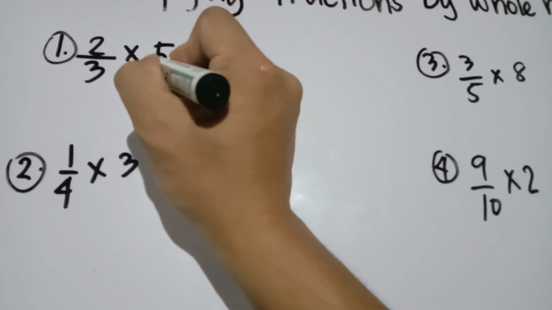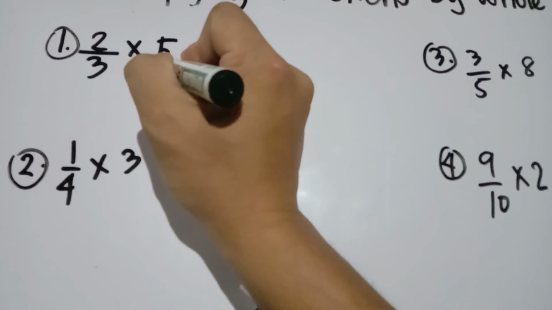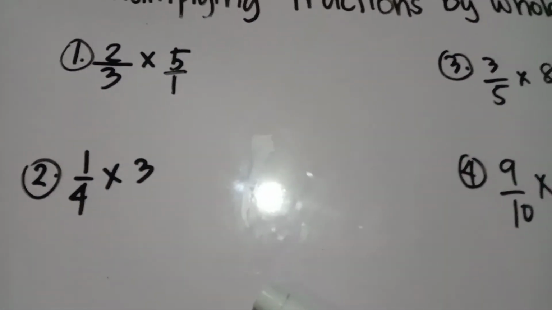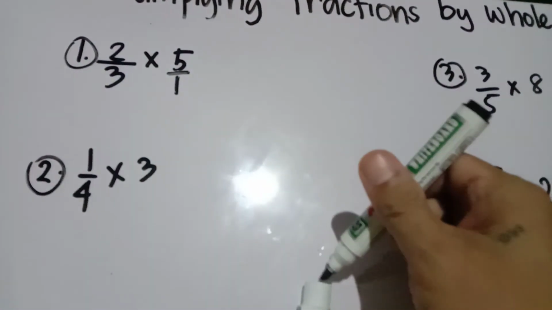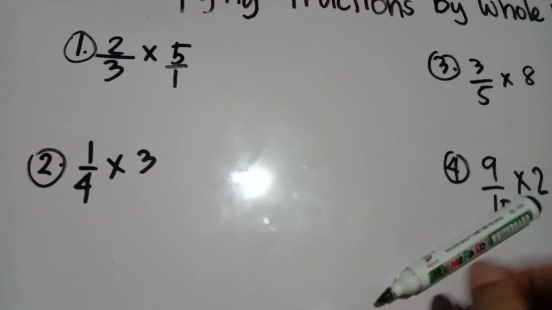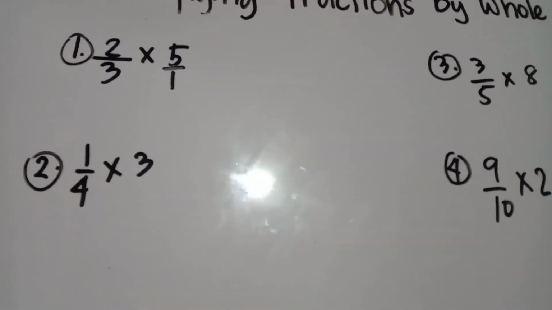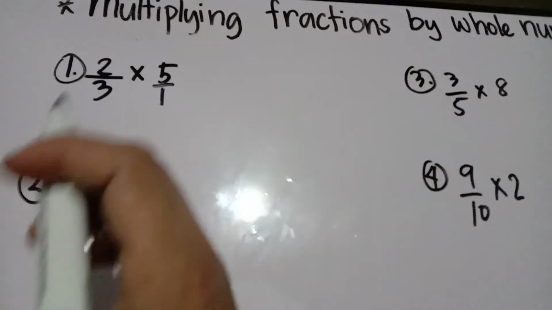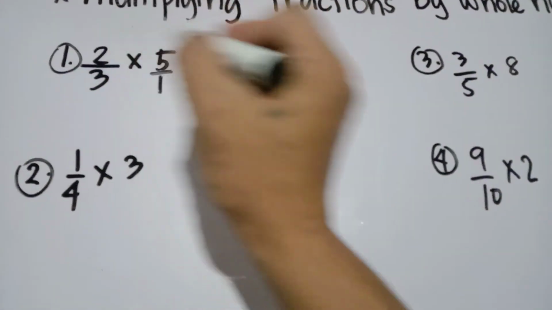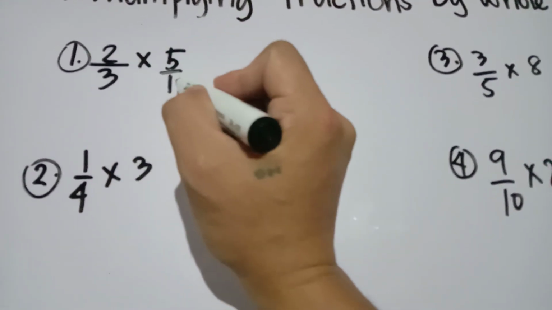Lalagyan natin ng 1 as denominator to make it as a fraction. Para maging fraction si 5, lalagyan po natin ng denominator ng 1. And after that, you can now multiply the numerators and multiply the denominators.